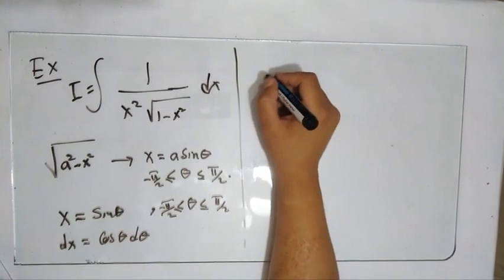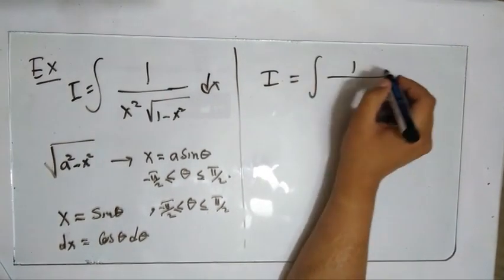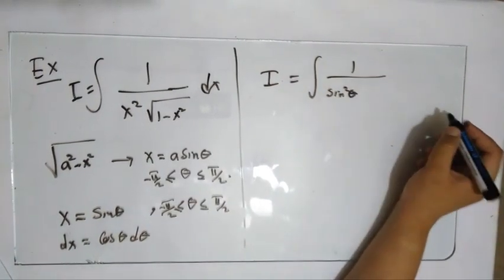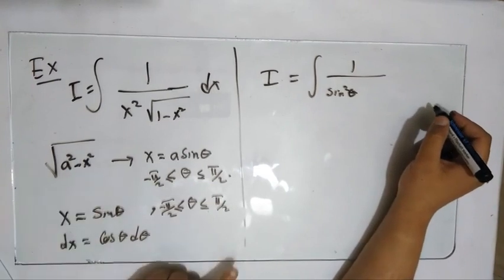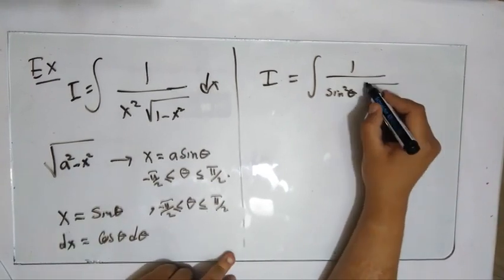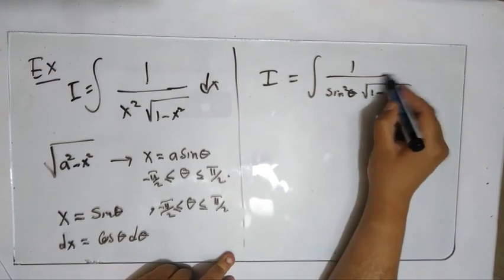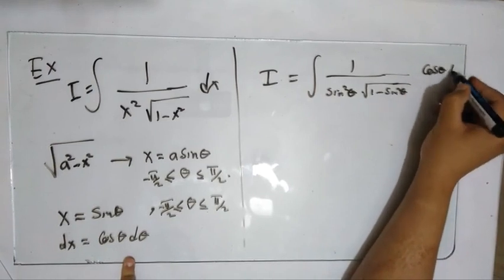If you use this substitution, you will have I equals the integration of 1 over x squared, which will be sine squared theta, and then the square root will be the square root of 1 minus sine squared theta, times dx, which is cosine theta d theta.